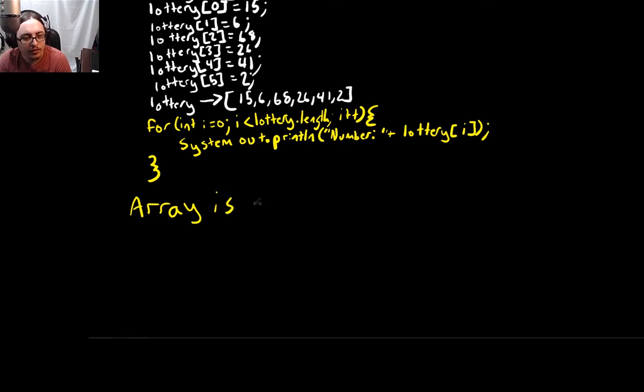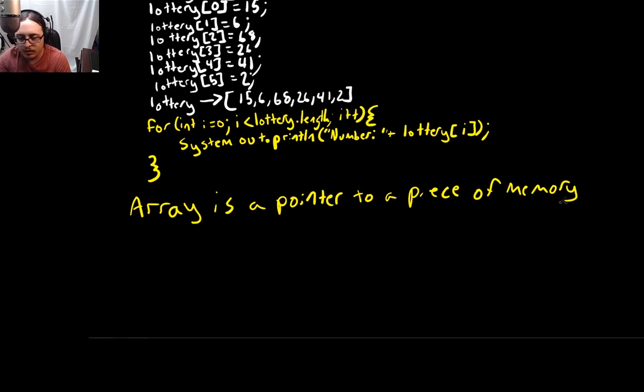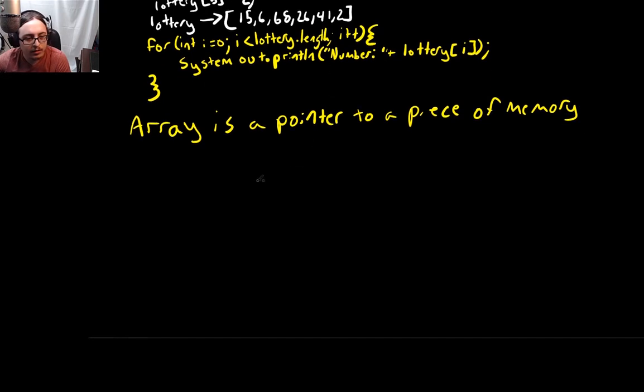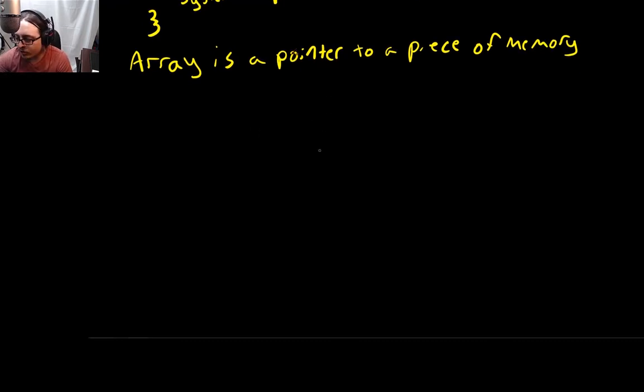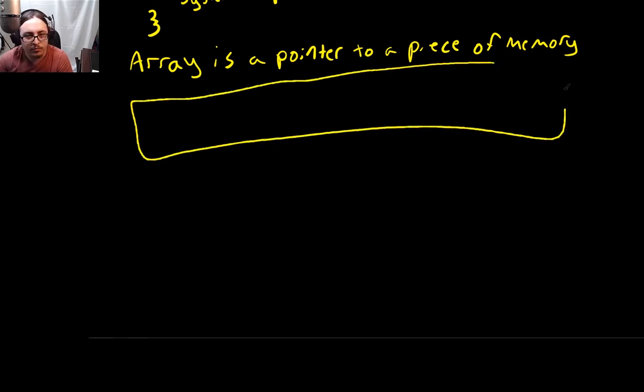So what's interesting is an array is actually a pointer to a piece of memory. So what does this mean? Well, if you imagine your memory, you have all this memory.